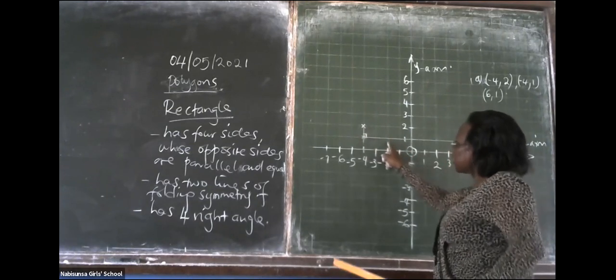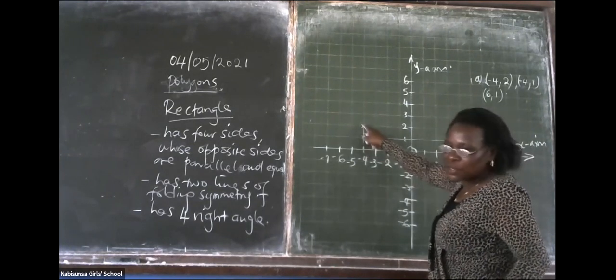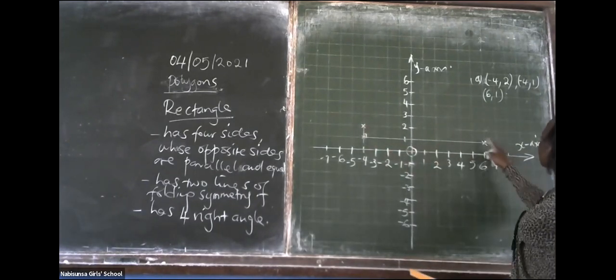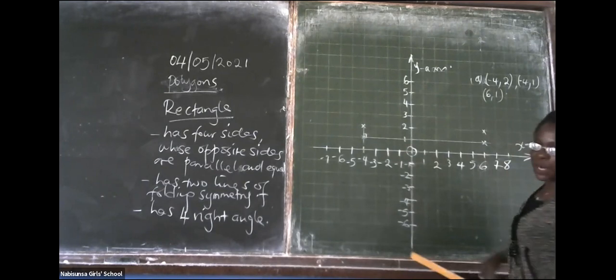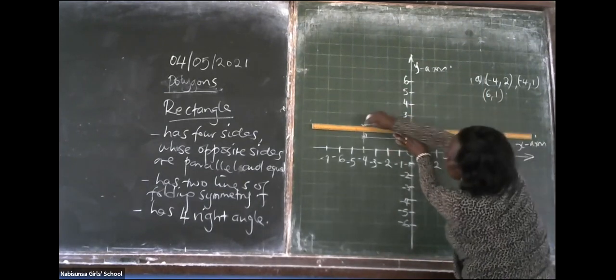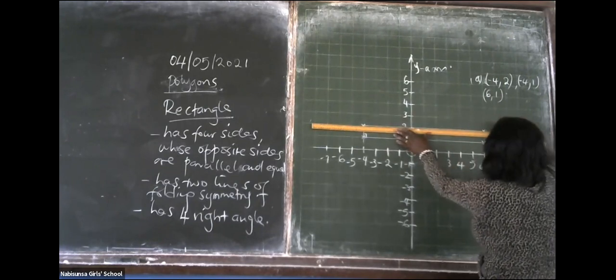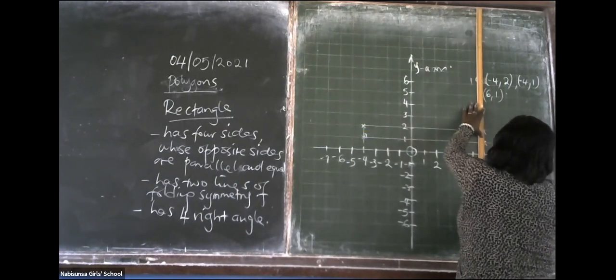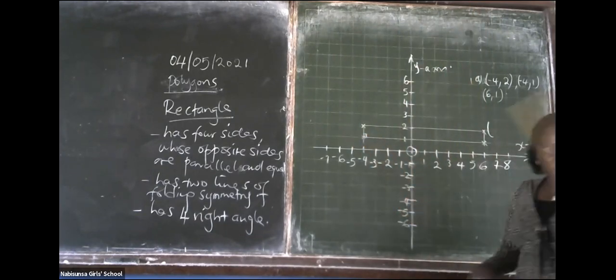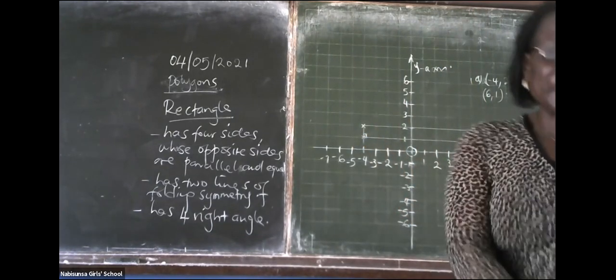No, we are not moving any step across, but we are moving one step upwards. So we shall move one step upwards and locate the missing point. So we complete our rectangle, and then we state the coordinates of the missing point.